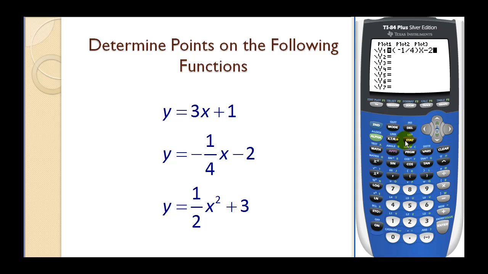So now if we go back to the table feature by pressing second graph, again we can type in any x value that we want when it's in the ask mode, and we find corresponding points. One thing that's helpful to note, when you have a fractional slope, if you choose x values that are multiples of the denominator, we won't get any fractions or decimals in the y values.